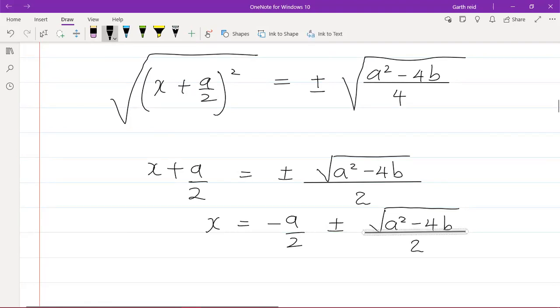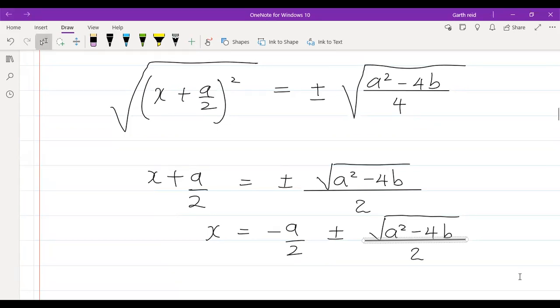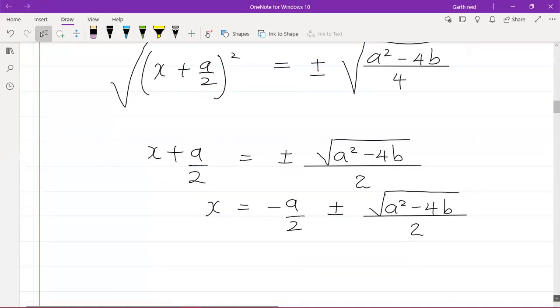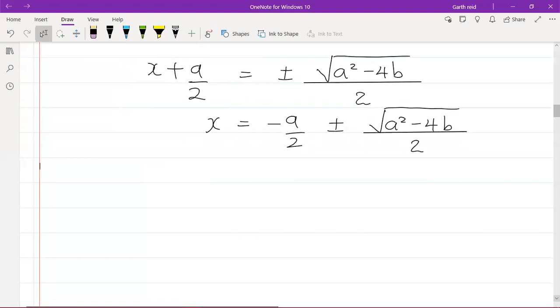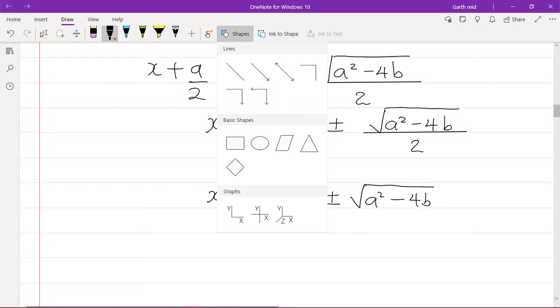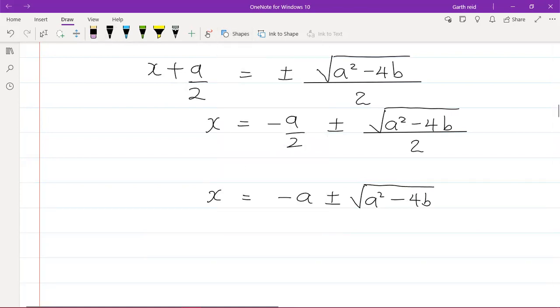good. Now, clearly we can see that these two fractions have the same denominator, which is 2. So since that is the case, it means that I can combine the numerators. Therefore, x will be equal to negative a plus or minus the square root of a squared minus 4b, all divided by 2.